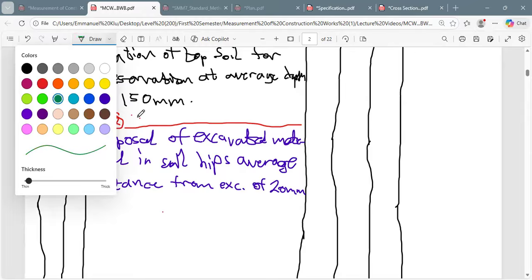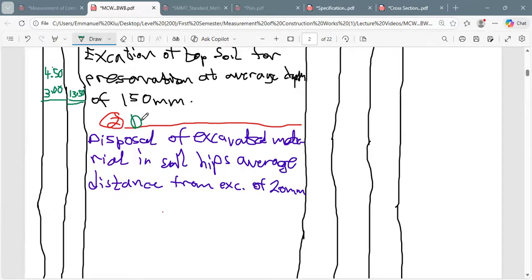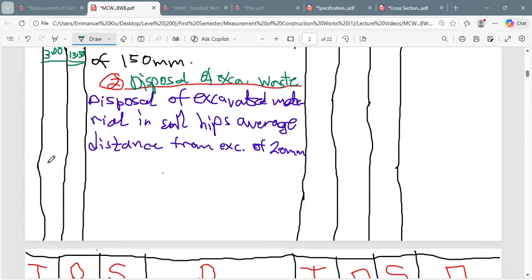So this becomes the disposal of excavated waste. So it's done in volume. So we just have to do the calculation over here and then we are good to go.